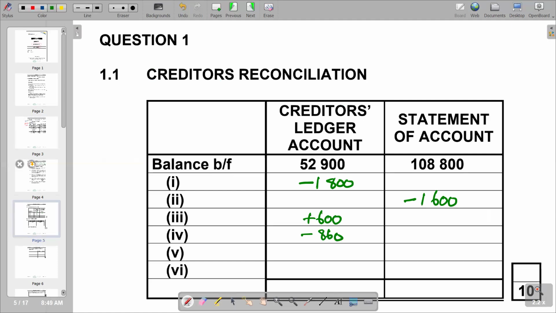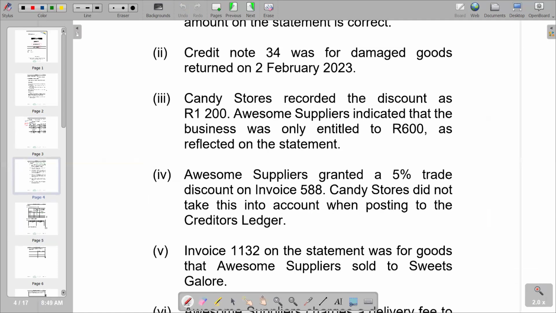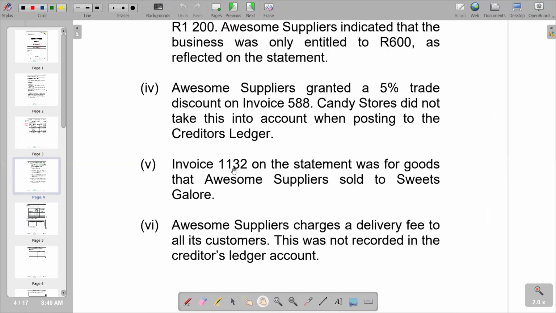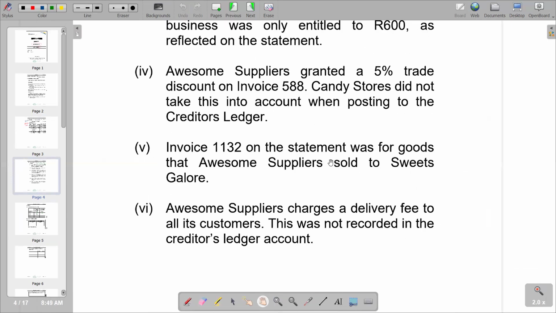The only next adjustment that we have is now adjustment number 5. It reads invoice 1132 on the statement was for goods that some suppliers sold to Sweets Galore. So it means we as a business do not buy those goods, but they belong to Sweets Galore, which is a different customer to some suppliers.